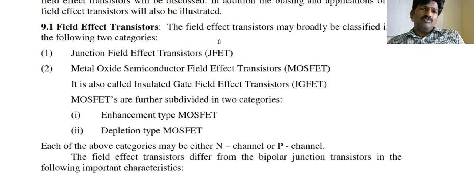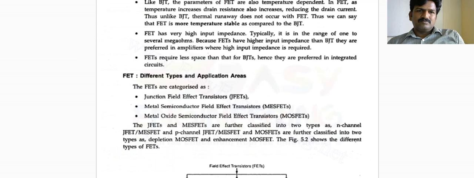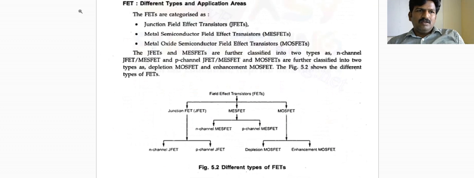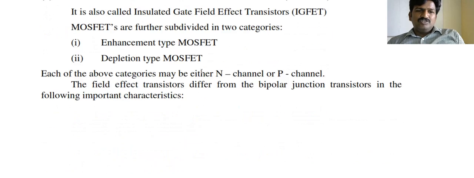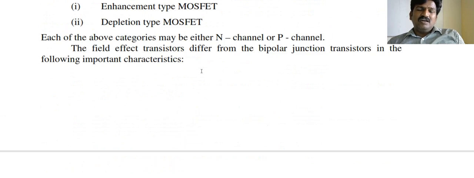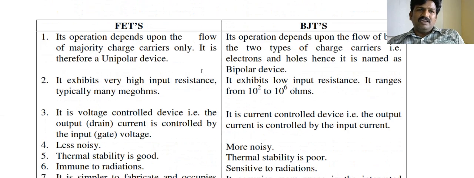First, we have to look into how the junction field effect transistor works. Before that, you should understand the differences between FET and BJT. Let us go with the FET.